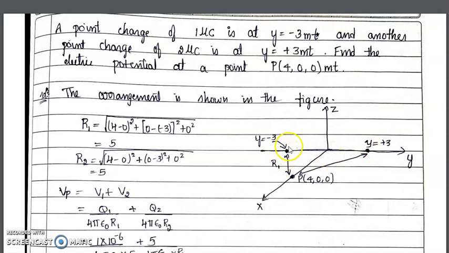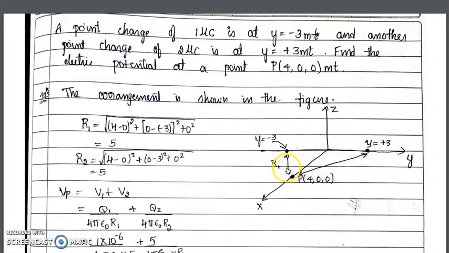I will consider the potential due to this charge as V1 and due to this charge as V2. So Vp will be equal to V1 plus V2. To find V1 and V2, I have to find the distance between point P and this charge, and similarly between point P and the other charge. So I have to find R1 and R2.